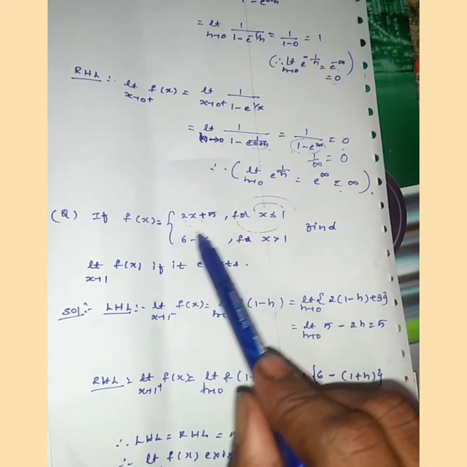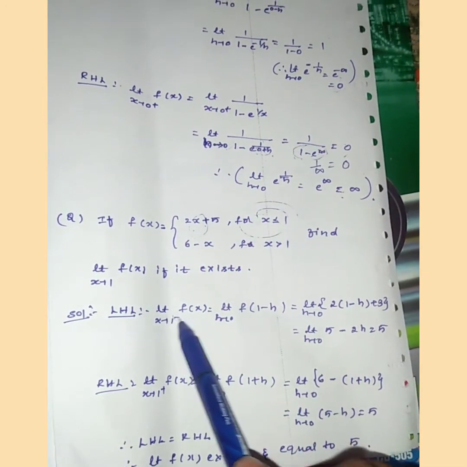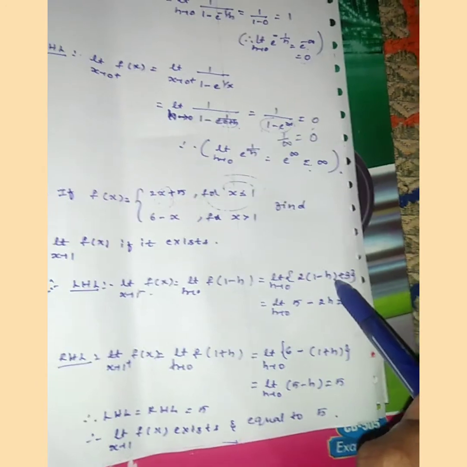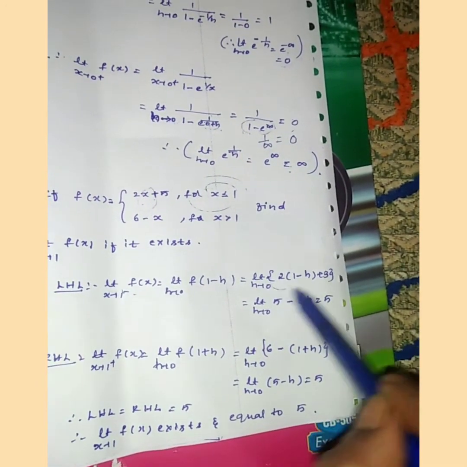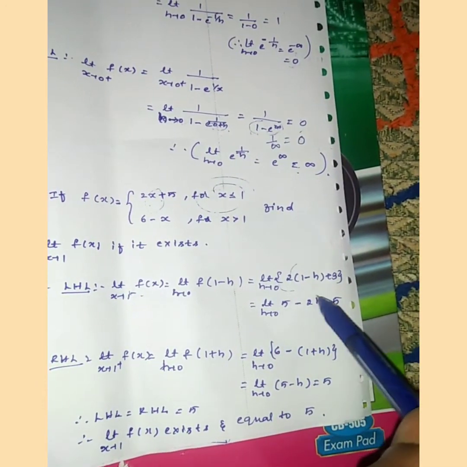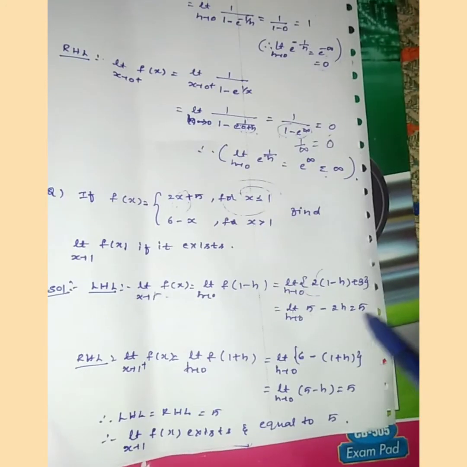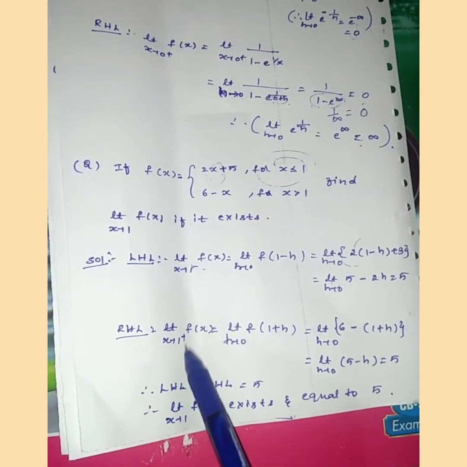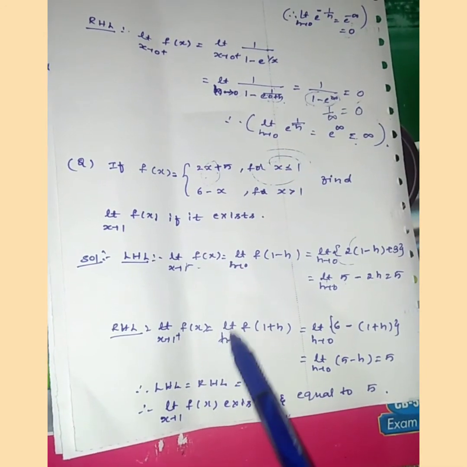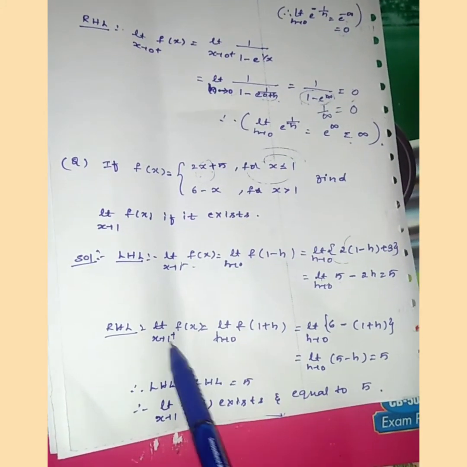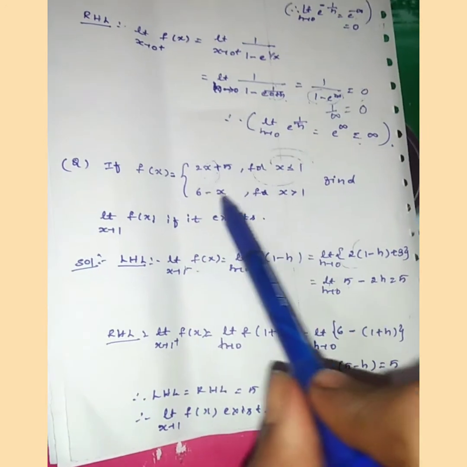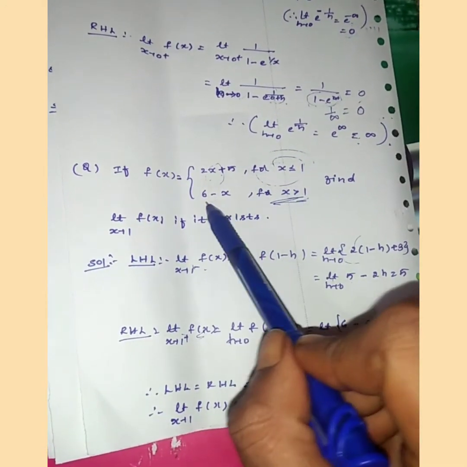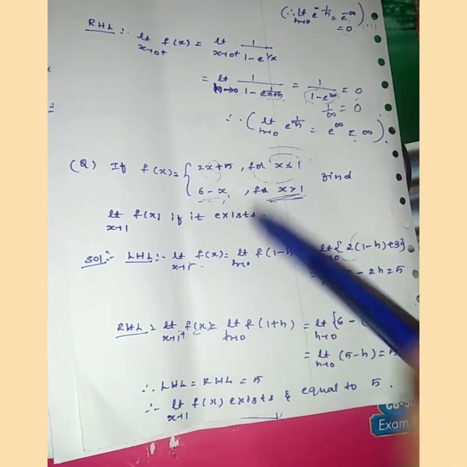In place of x we replace 1 minus h. We get 2 of 1 minus h plus 3, and we get 5 minus 2h. Applying the limit, we get 5. And the right hand limit, limit as x tends to 1 plus of f of x, equals the limit where in place of f of x we replace the value for x greater than 1, that is 6 minus x.